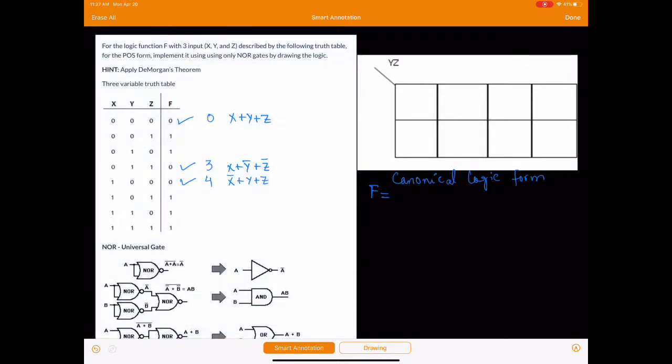And we know canonical logical form, this is the POS. So this is going to be a product of these three sums. So x plus y plus z, and then we have x plus y bar plus z bar, and then we have the last term which is for the 4, which is x bar plus y plus z right here.